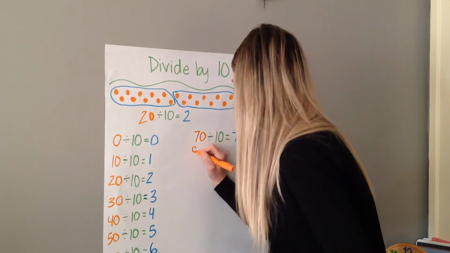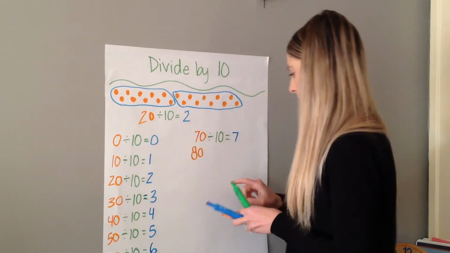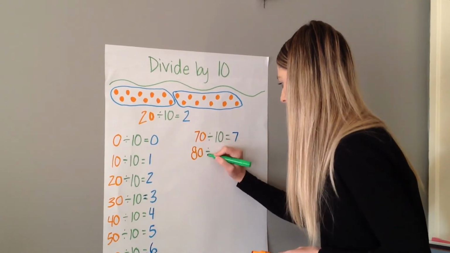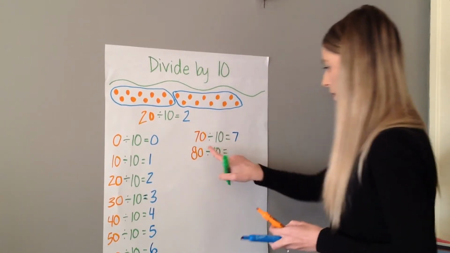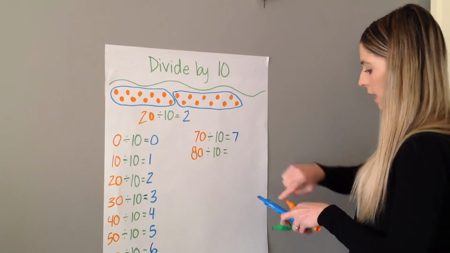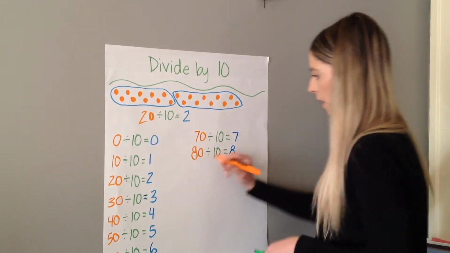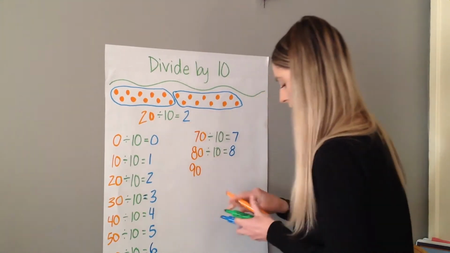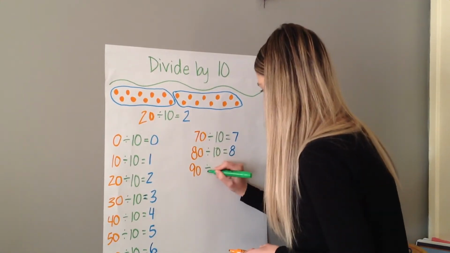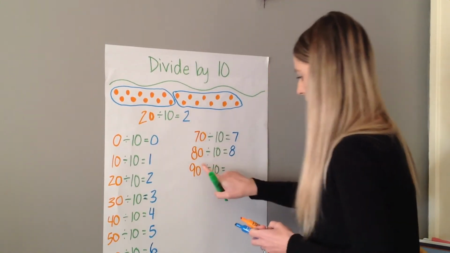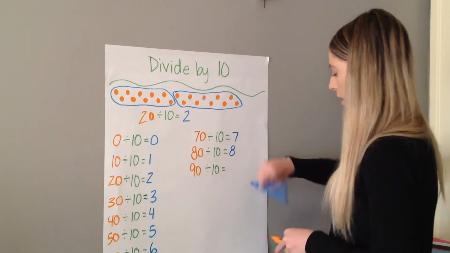And 80 divided by 10 equals, take the 0 off, and we have an 8 left over. And 90 divided by 10 equals, take the 0 off, we have a 9.